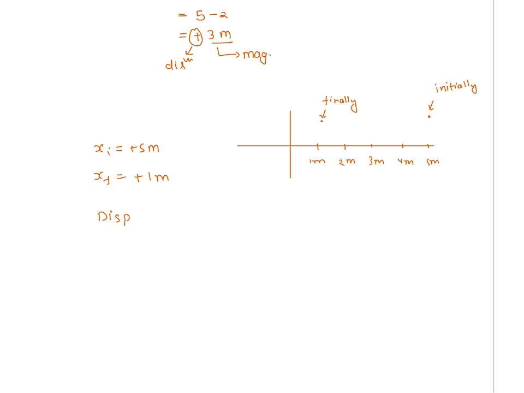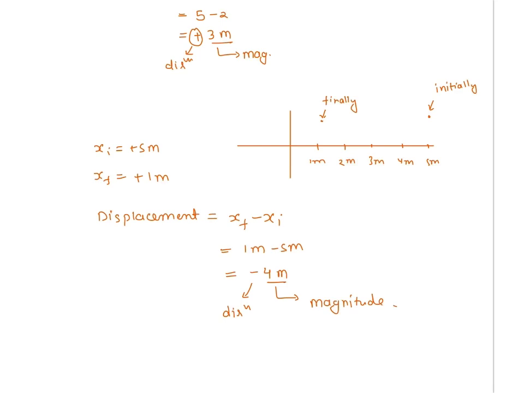Then what is displacement? Displacement we have defined, it is change in position, that is x final minus x initial. X final in this case is 1 meter minus x initial in this case is 5 meter. It comes out to be minus 4 meter. So now here negative is direction and 4 meter is magnitude.